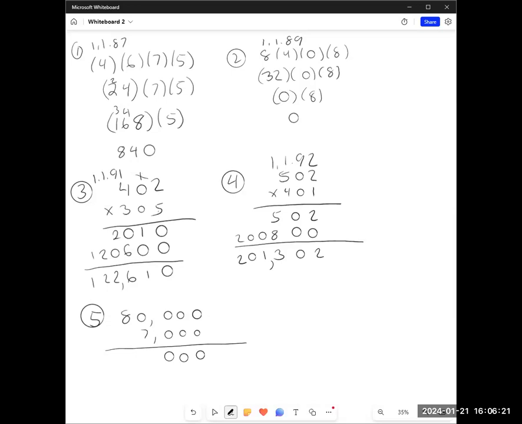Then this 7 times those 4 zeros are another 4 zeros. And then I have a 56 and put some commas in there for readability. And I should have 560 million. And that one is like 1.1 number 109.